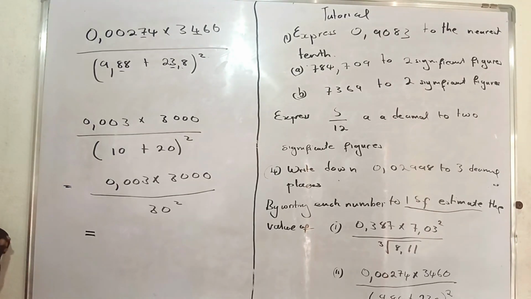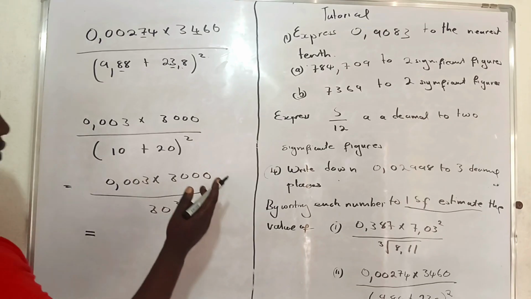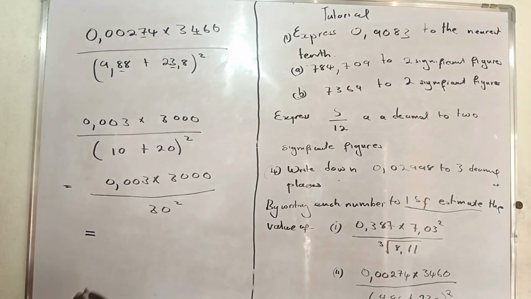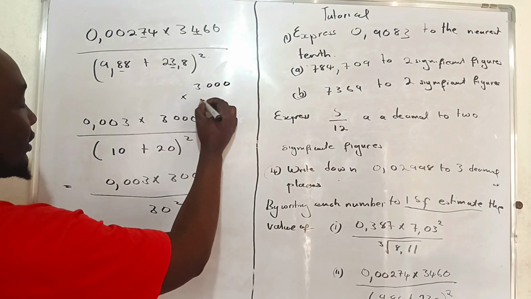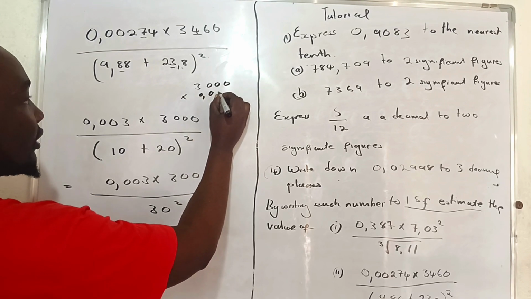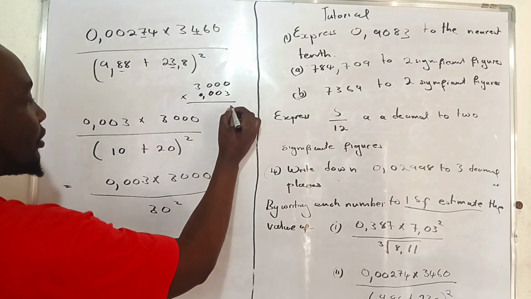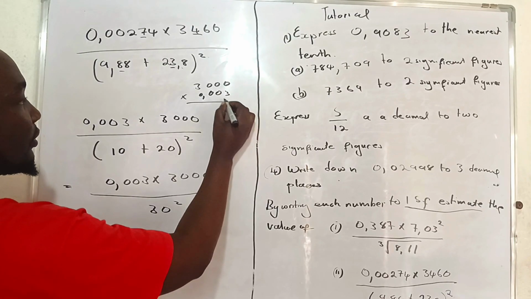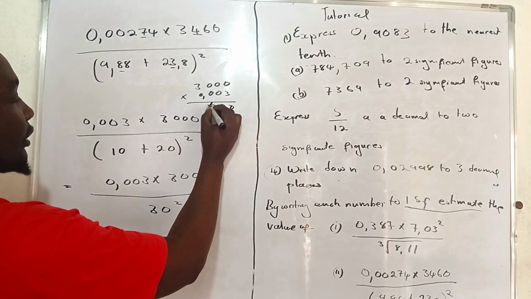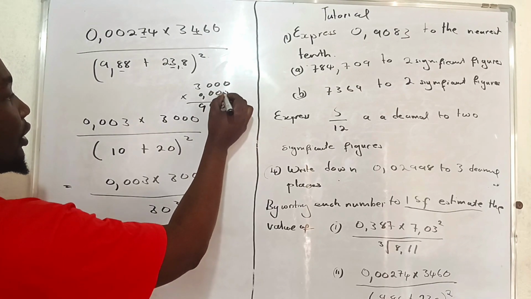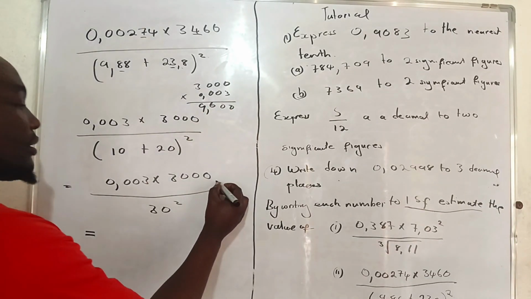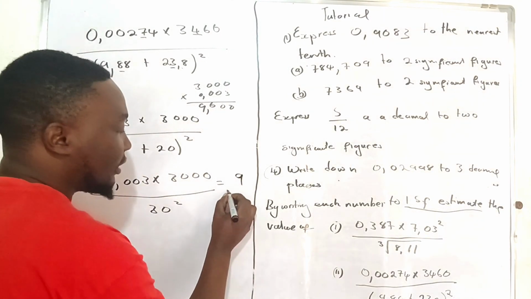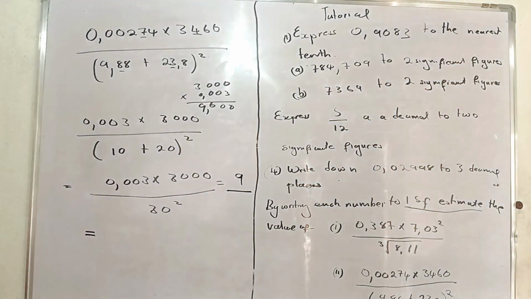Here, if you want to prove it, you can work it out. 0.003 multiplied by 3000, you're going to have 9. So the numerator results in 9. So let's look at the denominator.